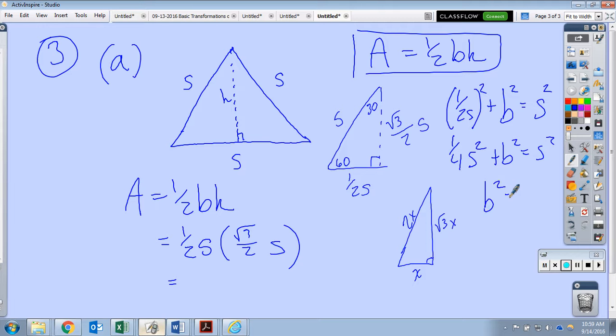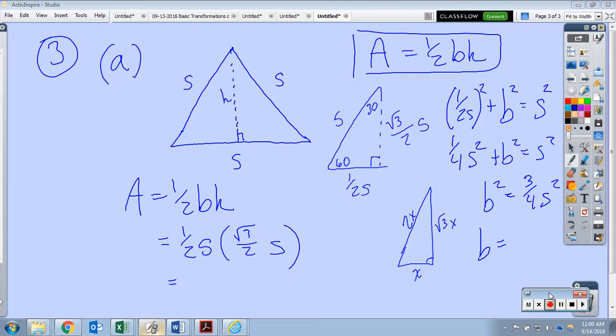So B squared, if I subtract 1/4 S squared from both sides, I should have 3/4 S squared, and if I square root both sides, and of course I'm only concerned about the positive root, I don't care about the negative, we're talking about distance or reality, just the positive. The square root of 3/4 S squared.